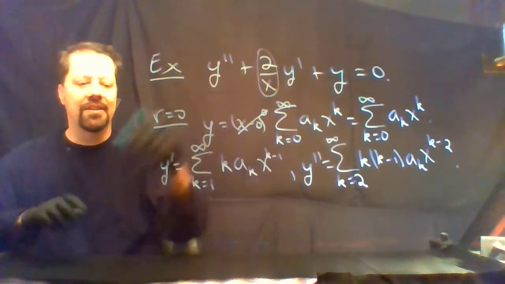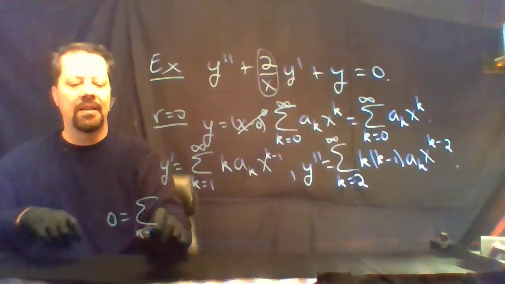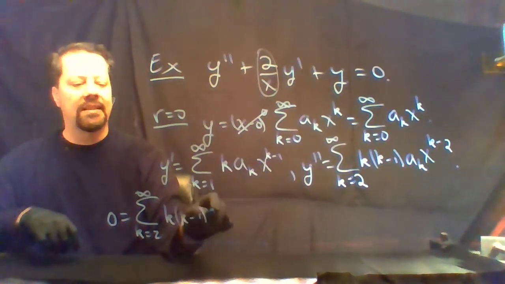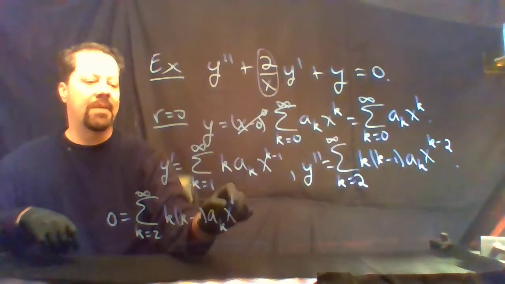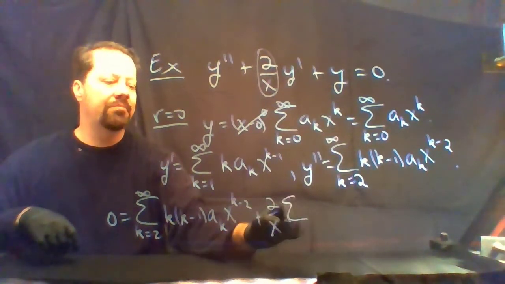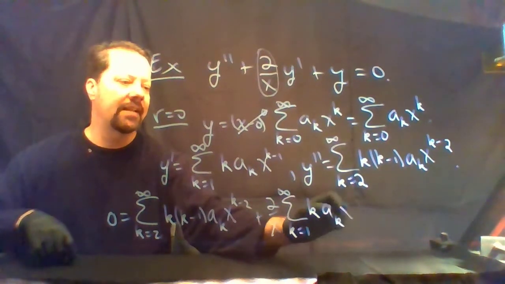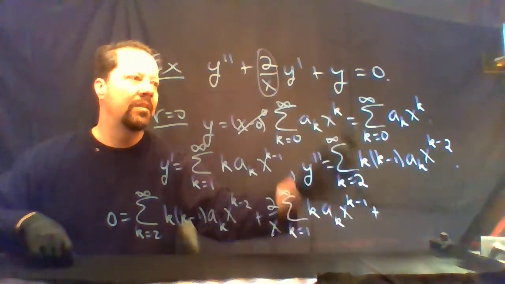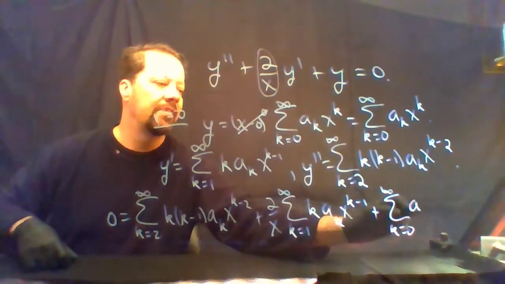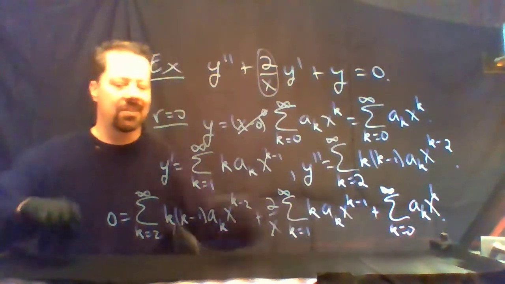Plugging these into the differential equation, we have 0 is the sum as k goes from 2 to infinity, k times k minus 1, a sub k, x to the k minus 2, plus 2 divided by x times the sum as k goes from 1 to infinity, k a sub k, x to the k minus 1, plus the sum as k goes from 0 to infinity, a sub k, x to the k.